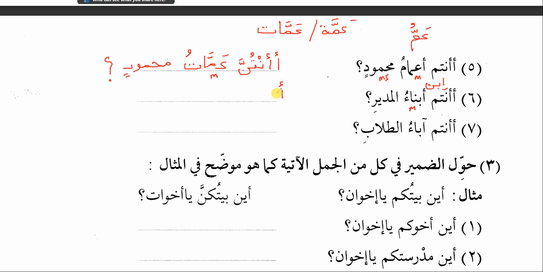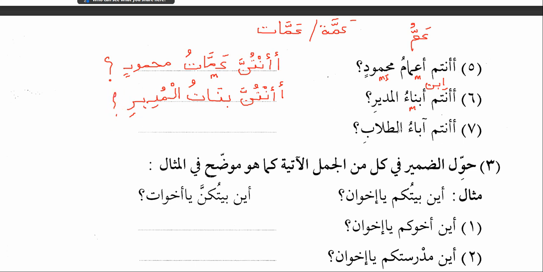So, antunna banat. What are the harakat? Since this is also mudaf and mudaf ilayh, banatu, but we will read it as banatul mudiri. Okay. Question mark, it's a question.